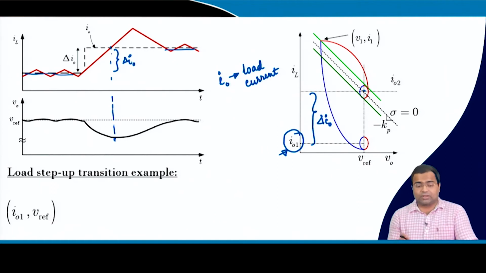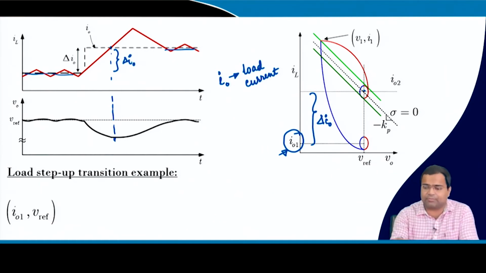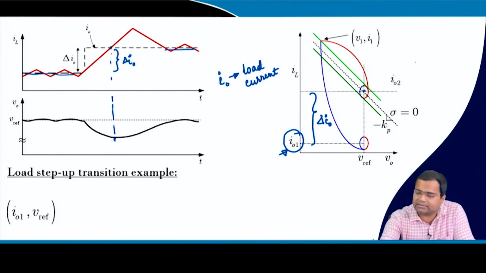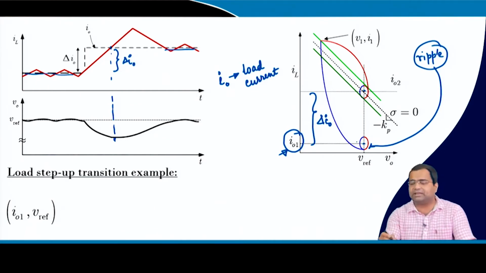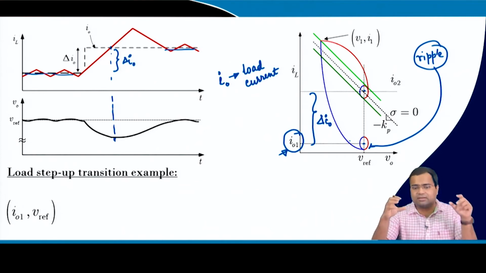Okay. So, at the starting point we are ignoring the ripple effect, so that we can take I01. This will not change the very drastic transient response, because we are using a modulator.